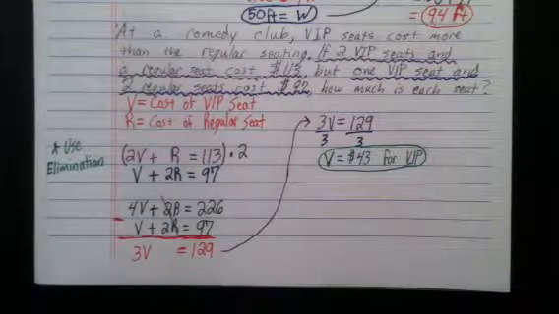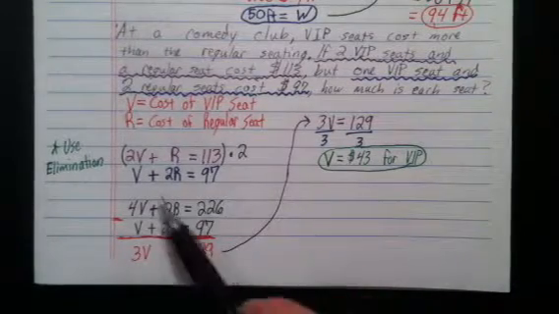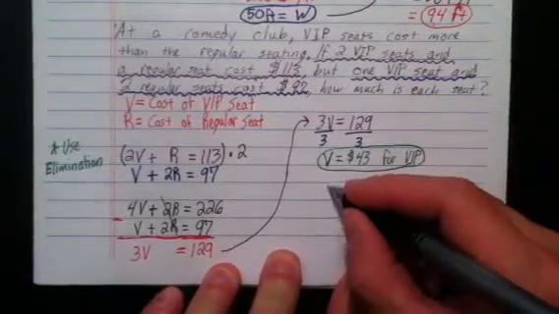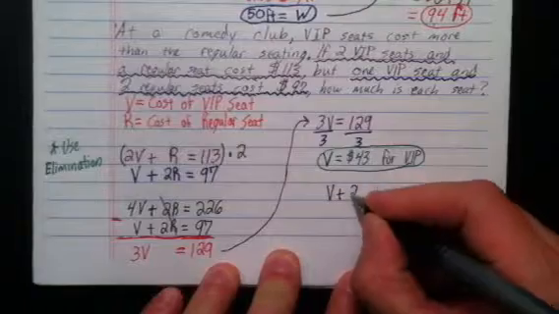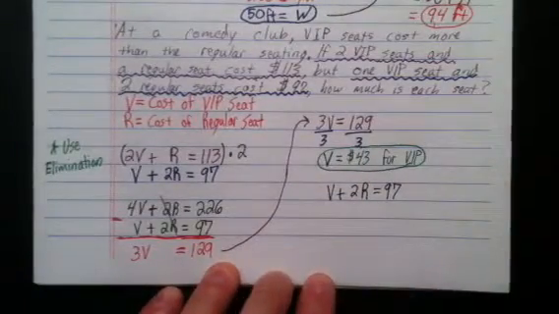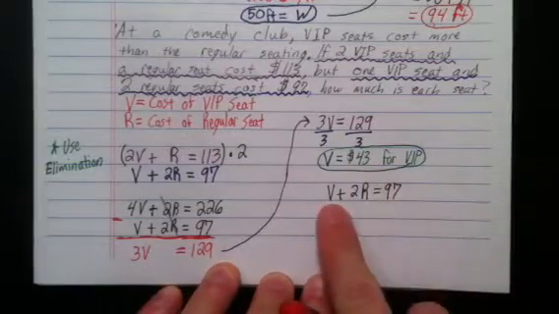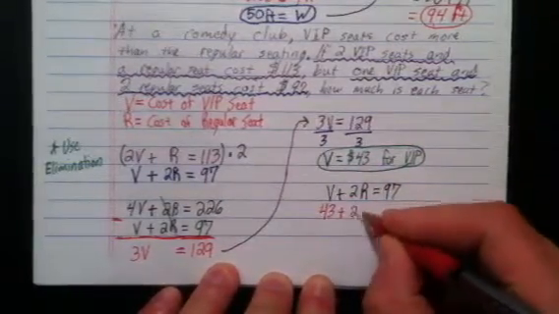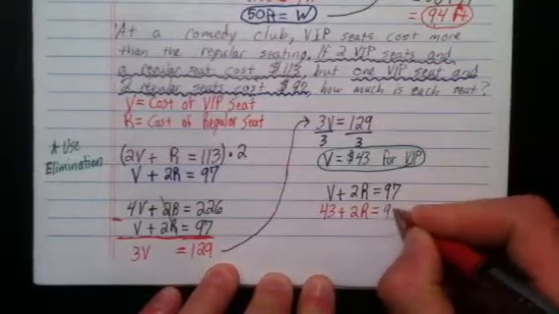So we end up having V plus 2R equals 97. Replacing $43 in for V, we get that 43 plus 2R equals 97.